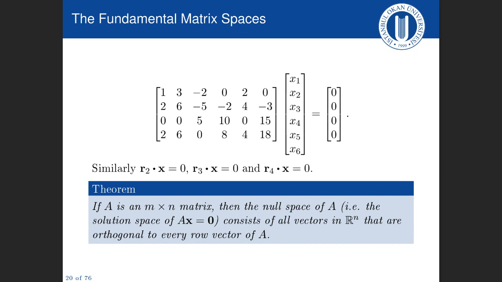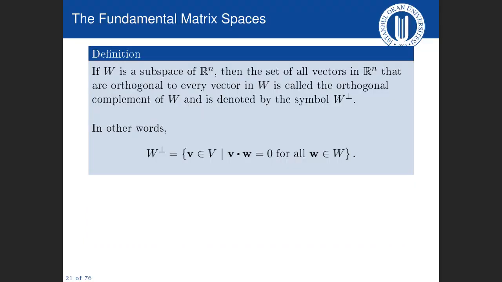We need some sort of notation for a space of vectors which are orthogonal to another set of vectors. Let's suppose W is a subspace of Rn. Then the set of all vectors in Rn that are orthogonal to every vector in W is called the orthogonal complement of W, and we denote it with this symbol, W to the power and then an upside down T if you wish.